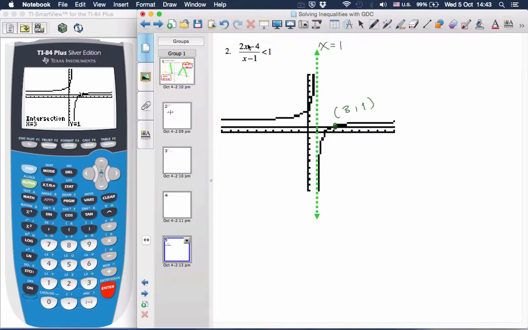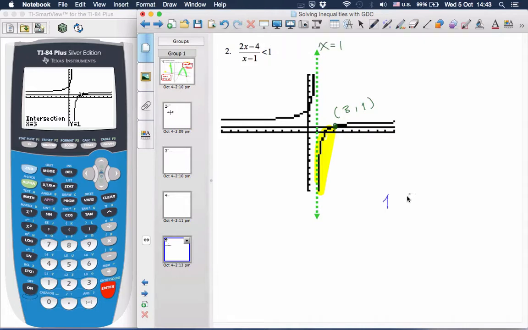Okay, when is the curve below 1? Over here, the curve is down here, and then the straight line, y equals 1, is down here. That's not good. Here, from 1 all the way to 3, the straight line is above the curve, right? So that's what we're looking for.